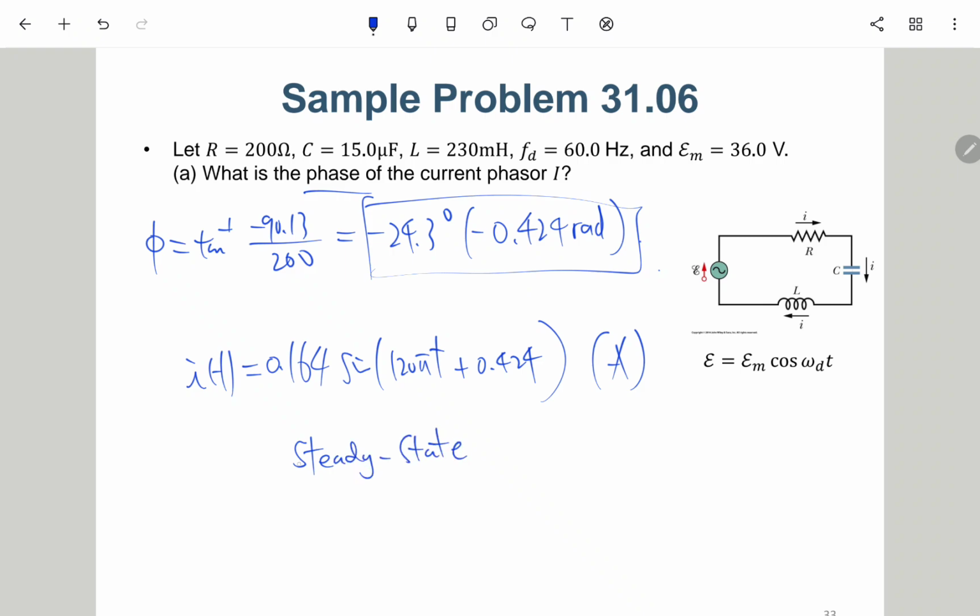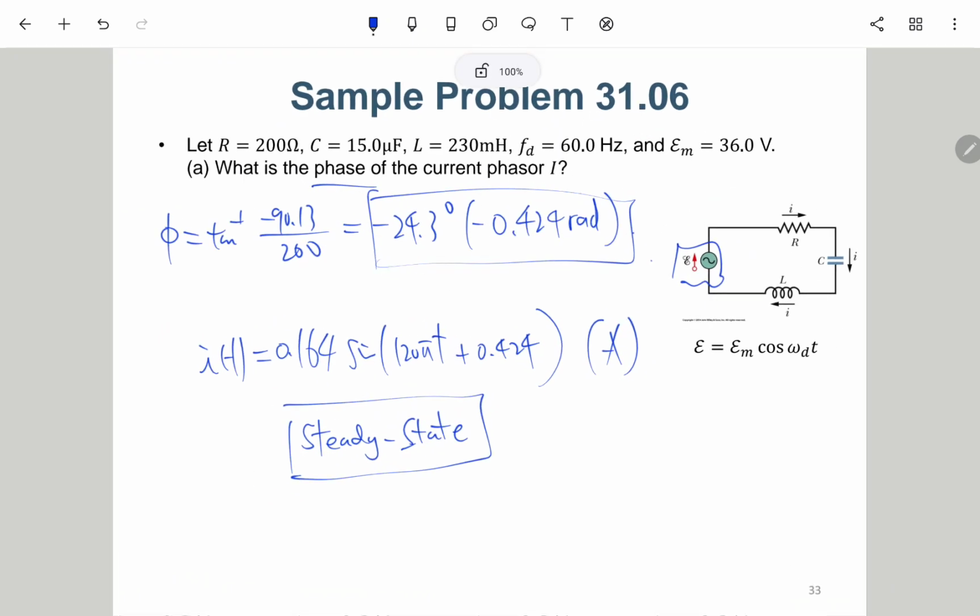A very important point is this is only the steady state, not the complete solution. The complementary solution doesn't really matter here because it will tend to 0 when t is large. So we usually only focus on the steady state, which relates to the input, the AC source.